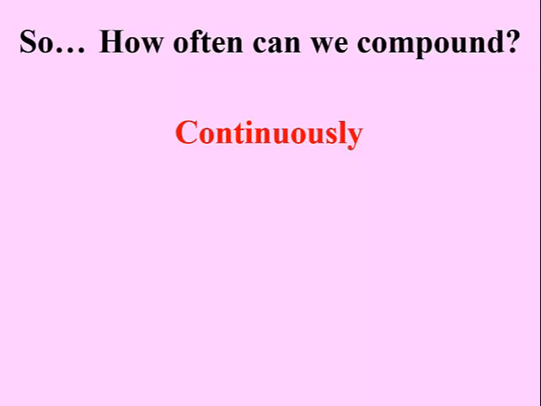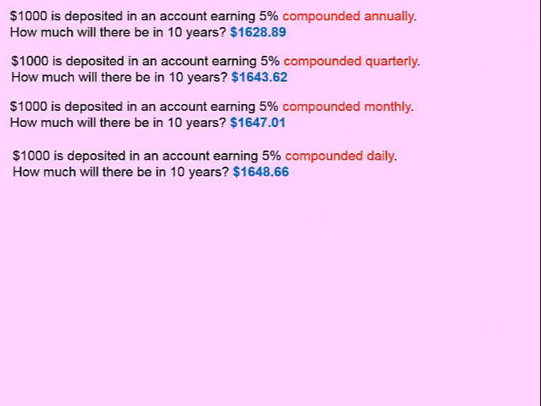Well, the term used for this is continuous compounding. That means more often than every second. There is a new formula for continuous compounding, and it involves something that we learned in Chapter 2, the exponential function with the natural base e. Here is a new formula, it's on the formula sheet, for continuous compounding.